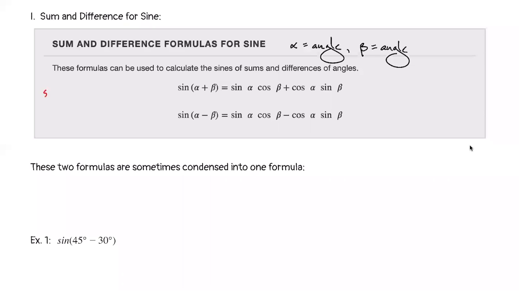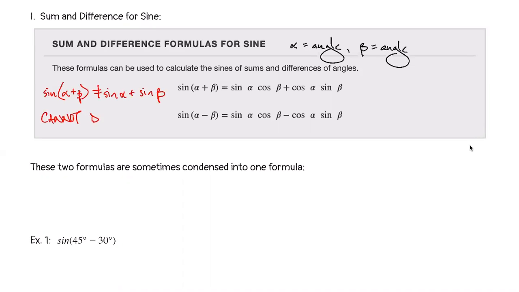You don't just take sine of alpha plus beta. That's not going to be equal to sine alpha plus sine beta. So what we cannot do here is distribute the sine.